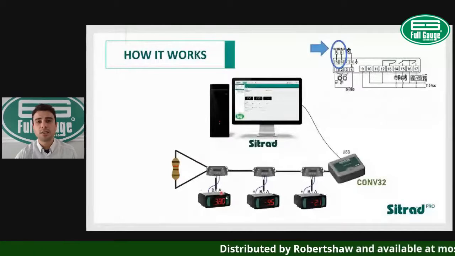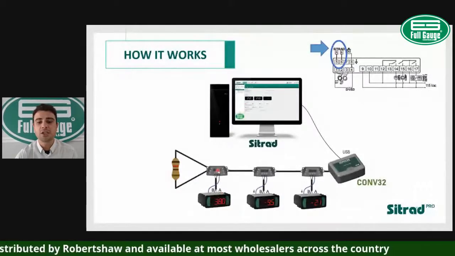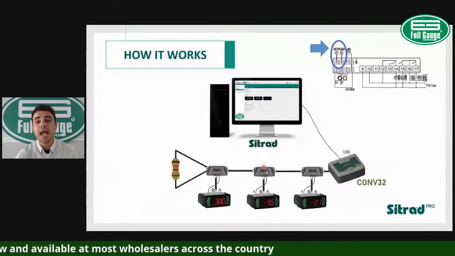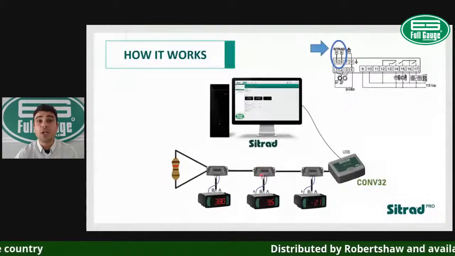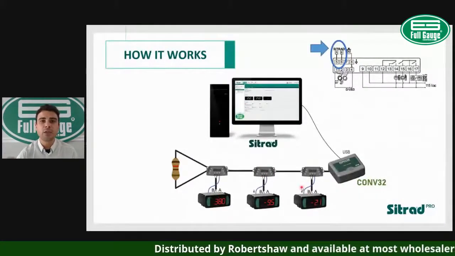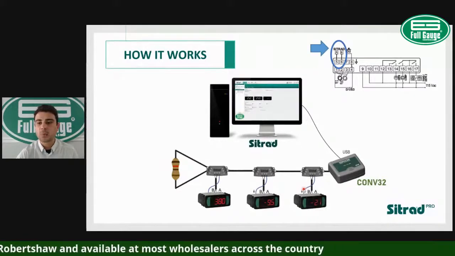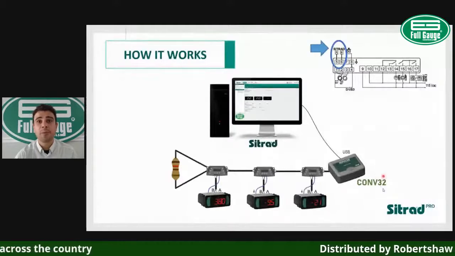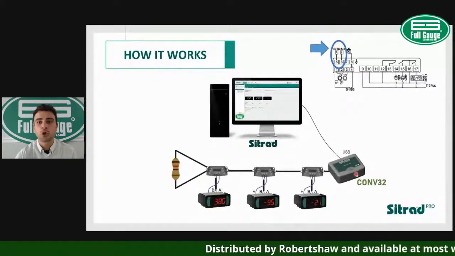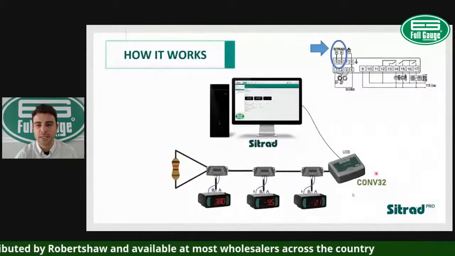So again, what we have here is a controller's A and B going from the controller to the junction block, then to another junction block, which derives the A and B connection to my second controller, and the same with the third controller. However, I could have up to 32 controllers connected to the CONV32. That's what the 32 on the CONV means. I can have up to 32 controllers connected to one single converter interface.